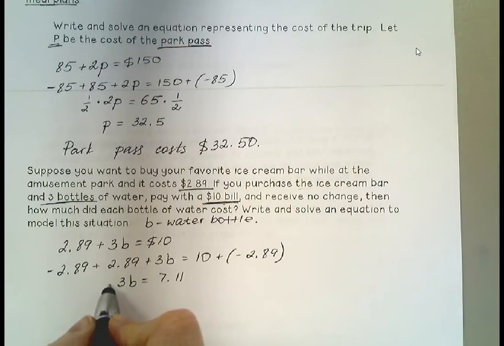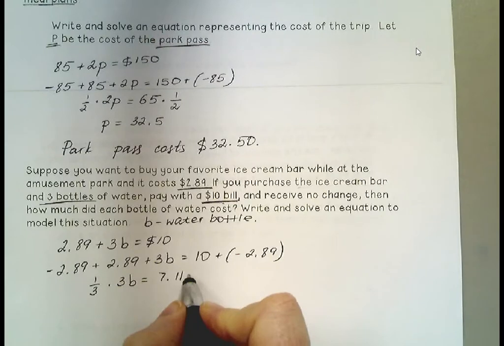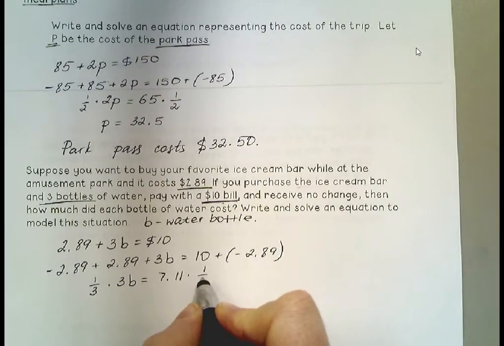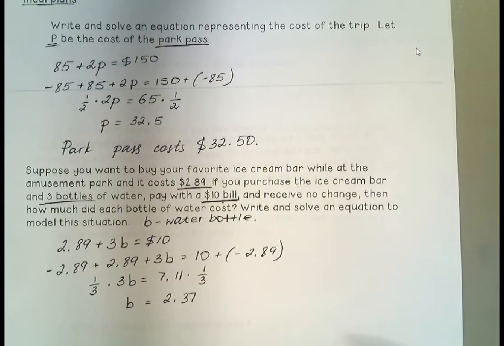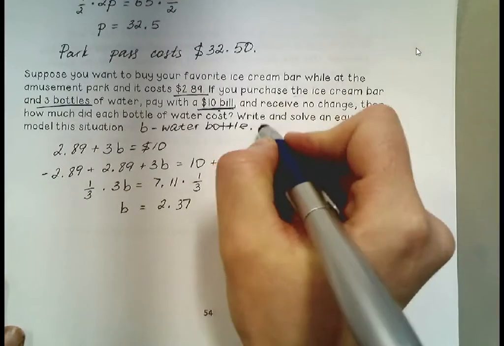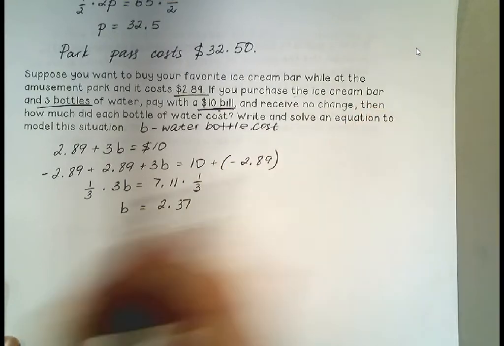And then I would multiply by the reciprocal or multiplicative inverse, 1/3, to have 1b on its own. So I will have 1b left. And when I multiply 7 and 11 hundredths by 1/3 or divide by 3, I can get 2 and 37 hundredths.